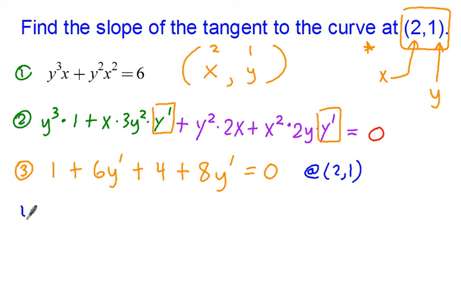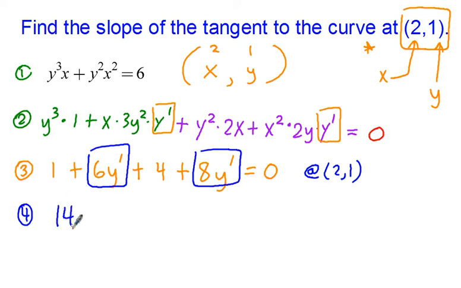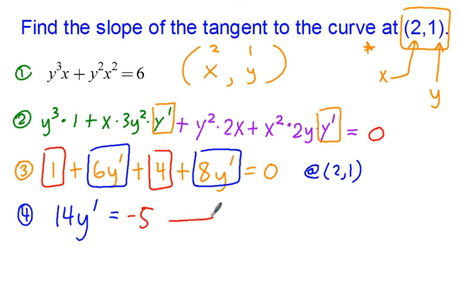Okay, so now we'd just like to do a little bit of algebra and figure out what y prime is. So I've got 6 of these plus another 8 of these. It looks like 14 y prime. And then we've got 1 plus 4, which is 5. So we'll subtract that from both sides, giving negative 5. And so we'll just divide both sides by 14, and we get negative 5/14.